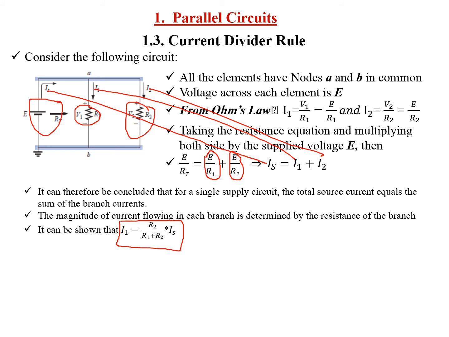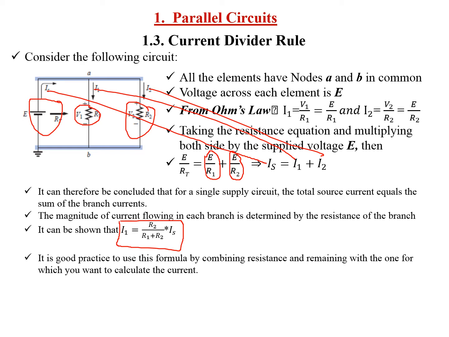So the current through a resistor, say R1, which is I1, is equal to the value of the other resistor, which it is in parallel with, over the sum of the two resistors, multiplied by the supply current IS. It is good practice to use this formula by combining resistances and remaining with the one for which you want to calculate the current.